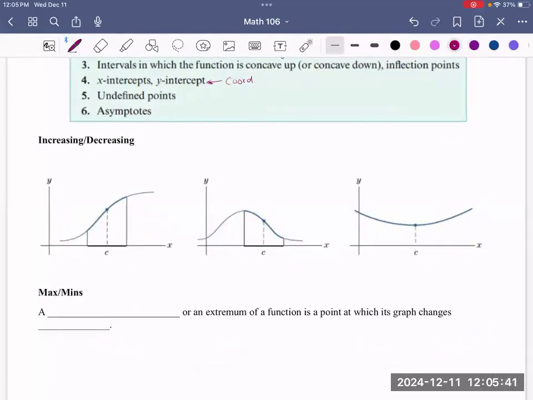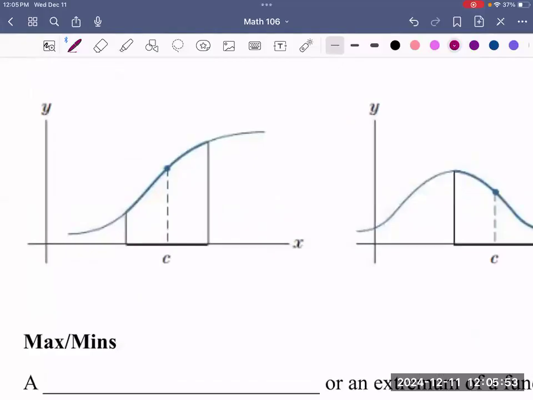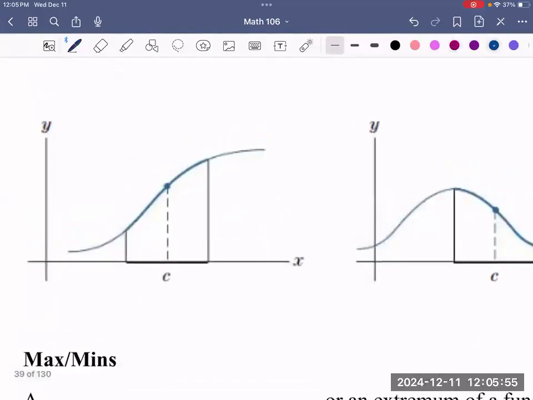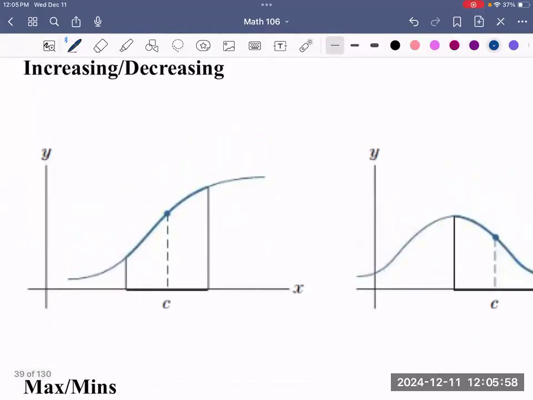Now we want to determine, is your function going to be increasing or decreasing? And then as a result, will we have any interesting values here? So you'll notice that for the graph here, at your point C, we are starting to go up. And looking at your increasing, notice that if you start to draw some slopes, are all of your little miniature slopes here positive, negative, or 0 or undefined?